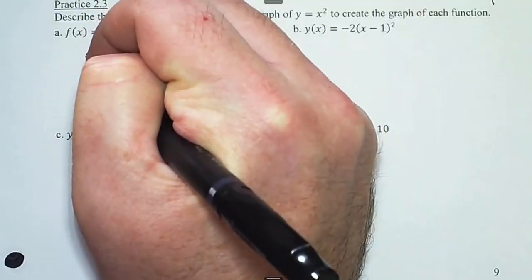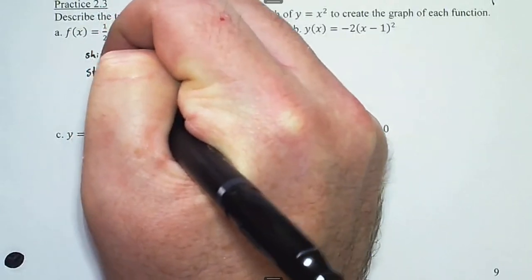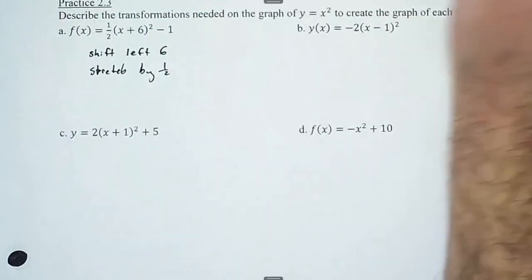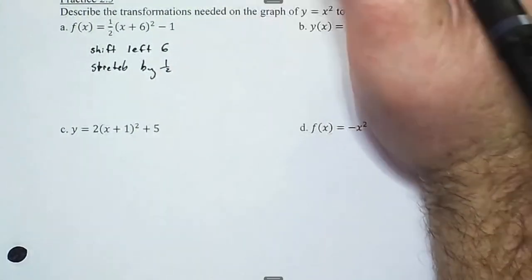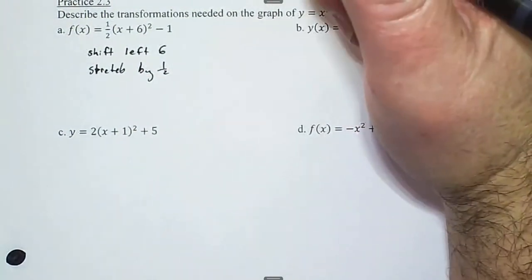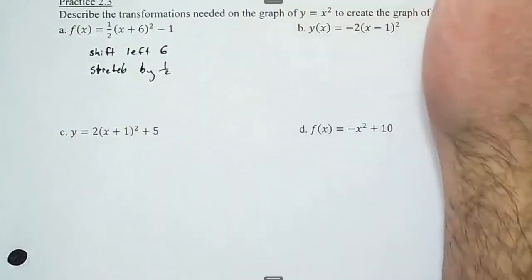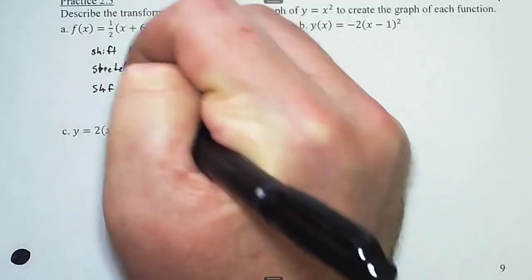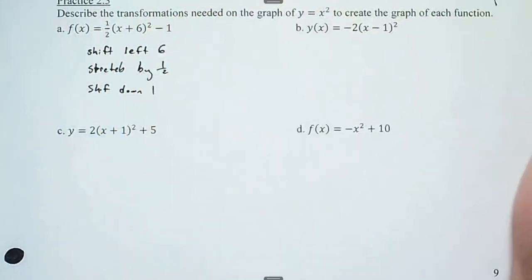So I'm going to say stretch by 1/2. And that just means I want to take all the y values, so it would actually be condensing, right? But we're going to take all the y values and halve them. And then we will shift down 1.